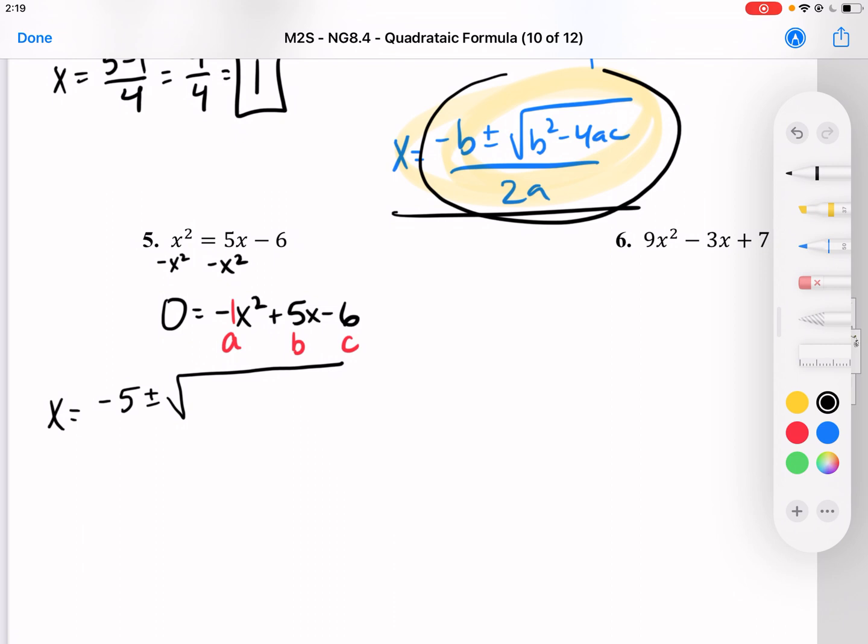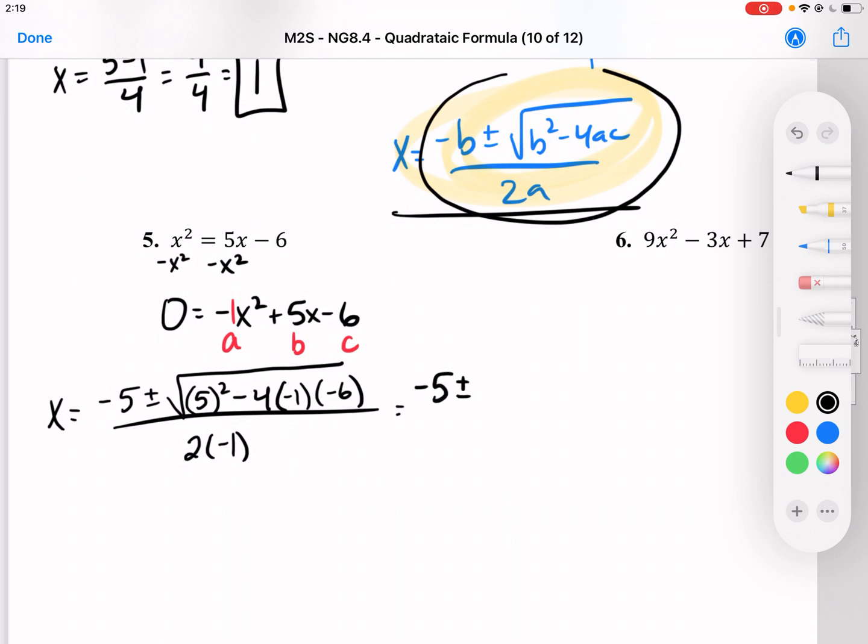And then the square root of B squared, so 5 squared minus 4 times our A, which is -1, times our C, which is -6. All of that's going to be over 2 times our A, which is -1.